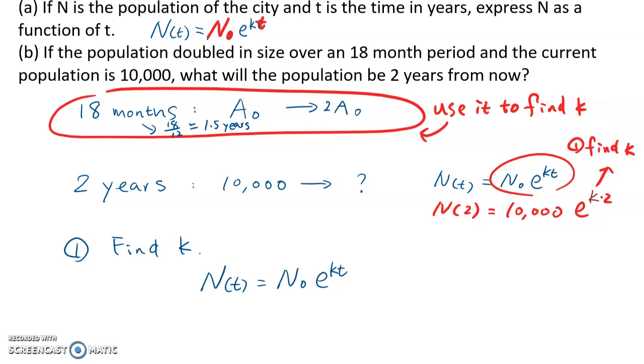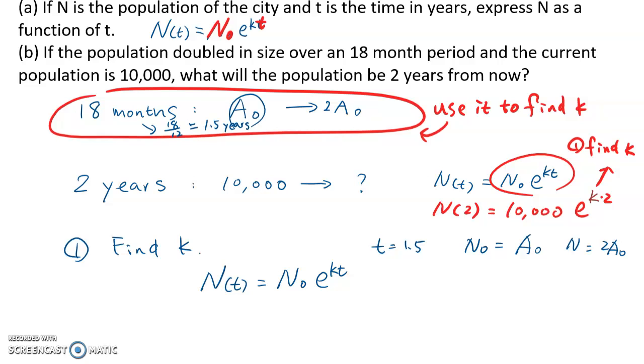So for here, t is 1.5. Since the population doubled, our initial amount, let's just call it N naught, or like I said here, A naught, and the population after 18 months is 2 A naught.